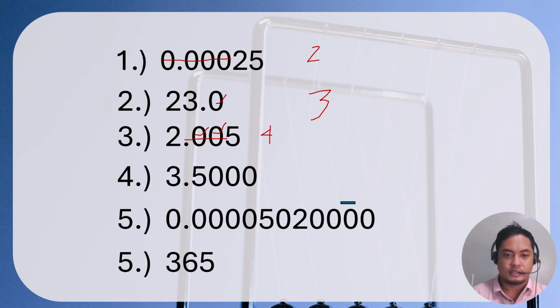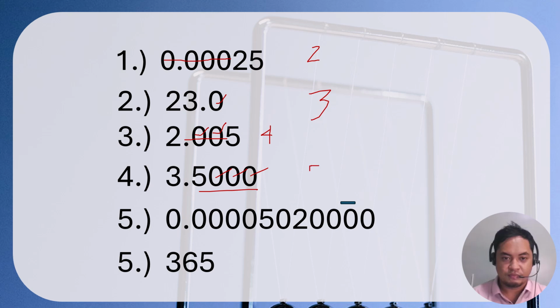And then the fourth number, we can have two statements to support this: the number is a decimal number greater than one, so zeros are all significant in this case. And all right, they are trailing zeros, but they are significant.